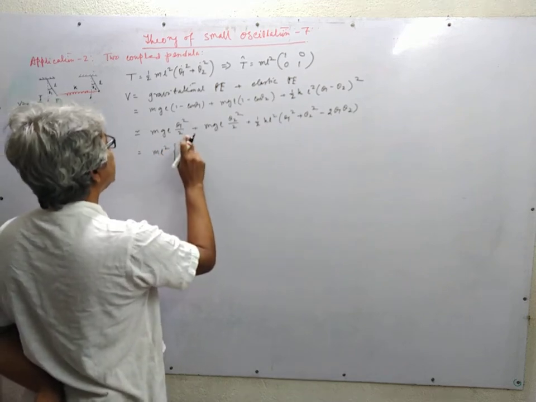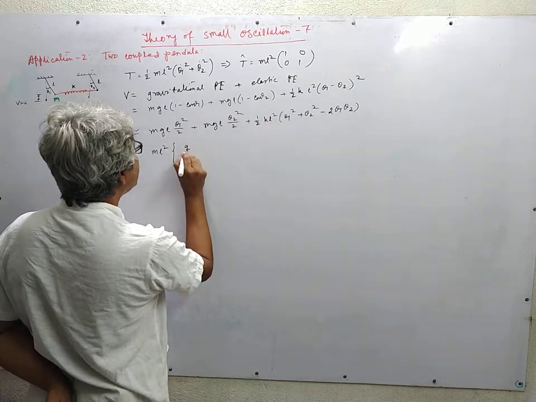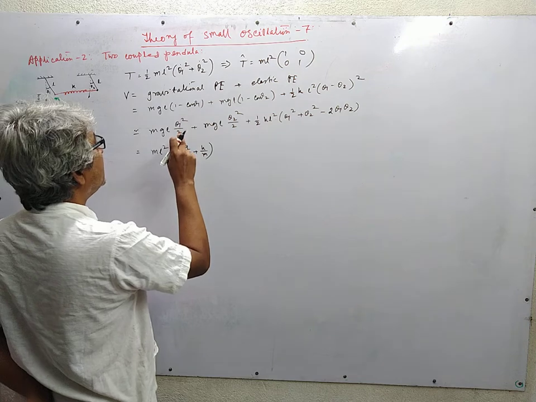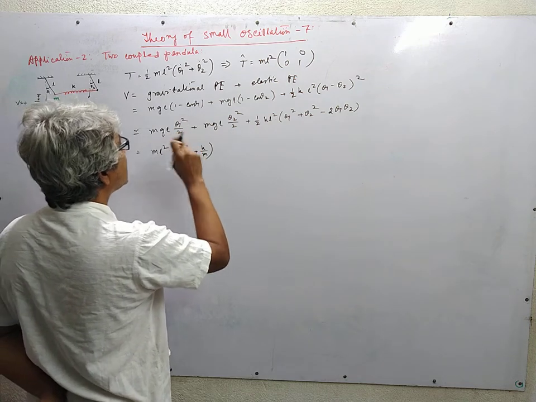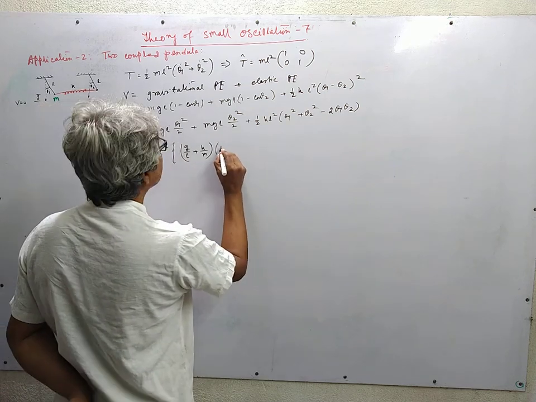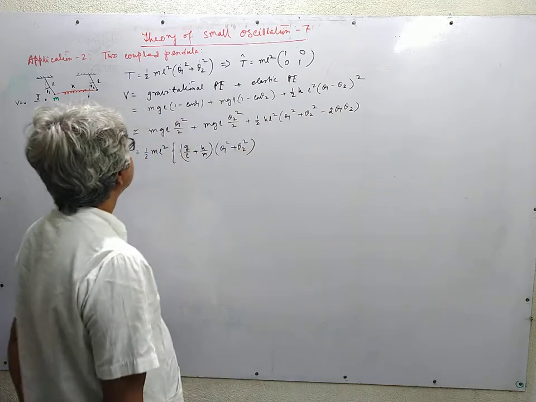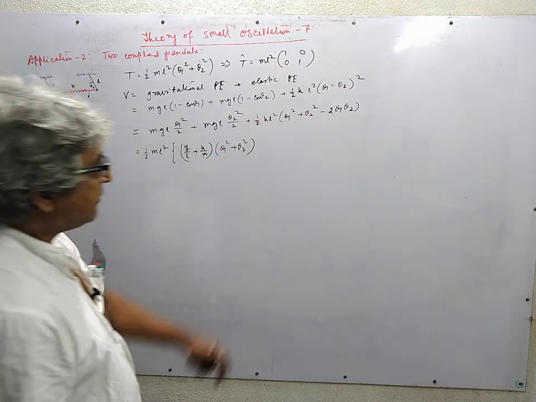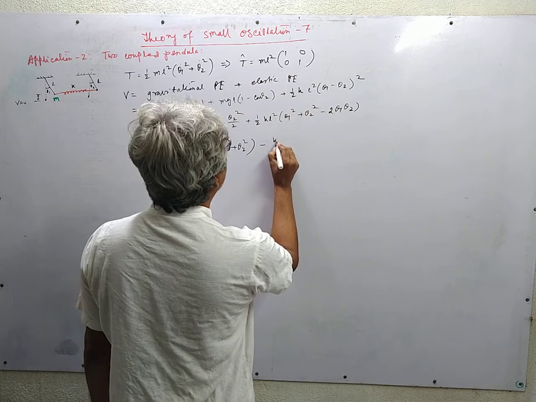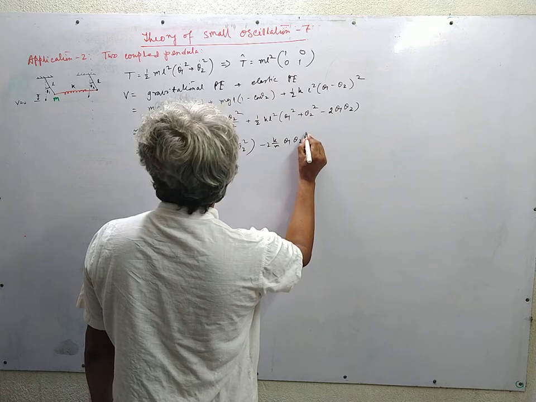So the first term is g by L plus k by m, with a half factor, times θ1 square plus θ2 square. And coming to the cross term, it is k by m, twice θ1 θ2.